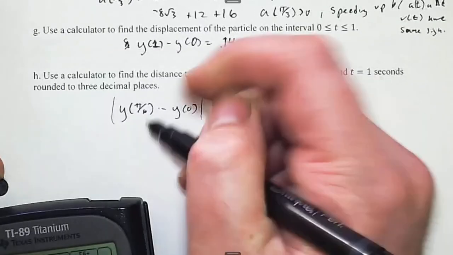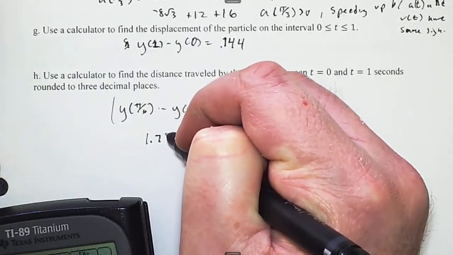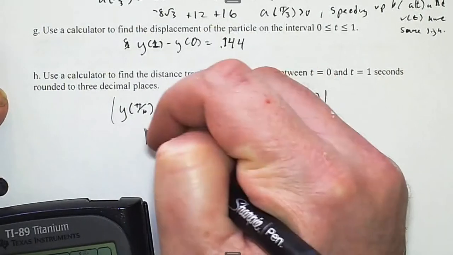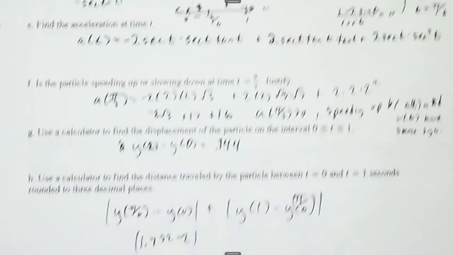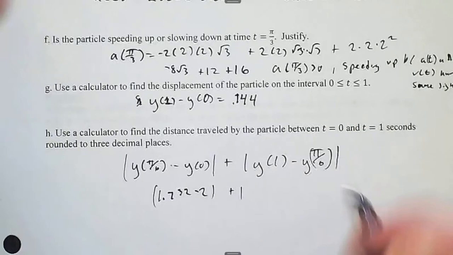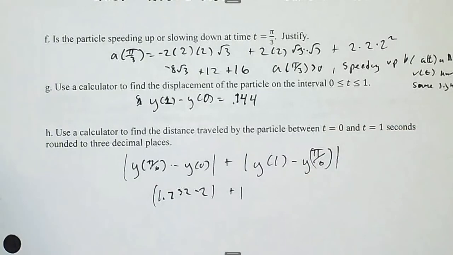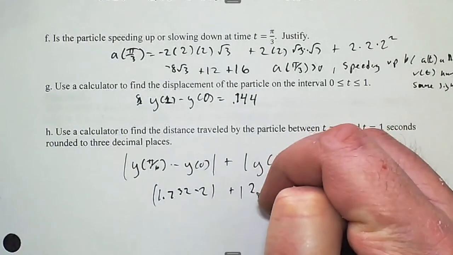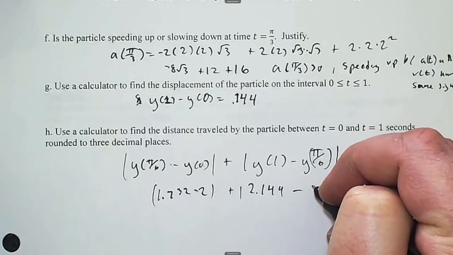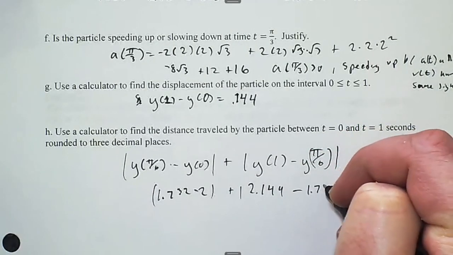And we'll get 1.732 minus 2. That makes sense that that's a negative number because we got a negative value for velocity. Plus the absolute value of y of 1, I think we found that one earlier, was 2.144. Minus the pi over 6 value was 1.732.